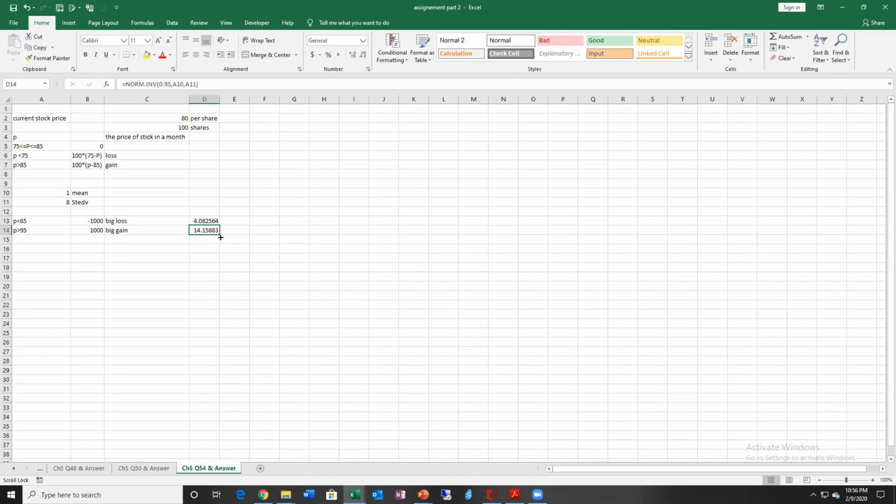So when they compare with each other, there's a huge difference. Do I have to multiply something with the per share of the stock?